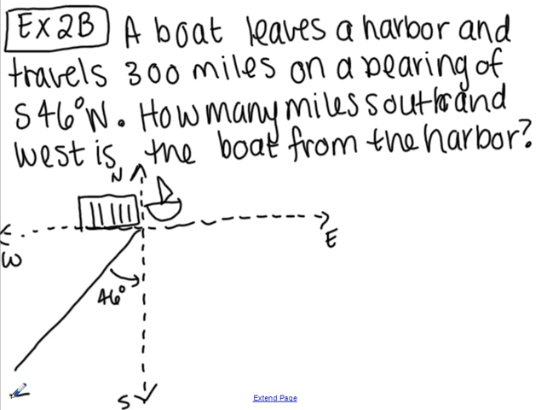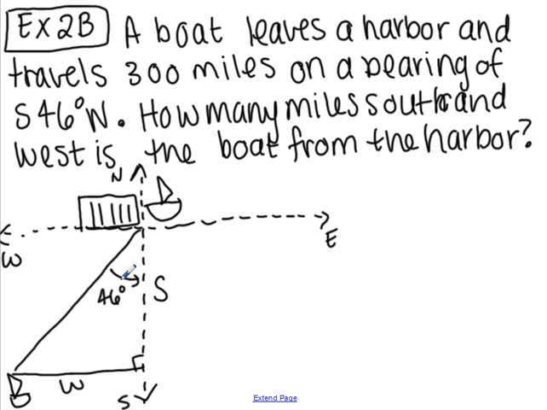This is where our boat ends up. What the question is asking is how many miles south, so I'm going to call this south, and how many miles west. So I'm looking for these two values.